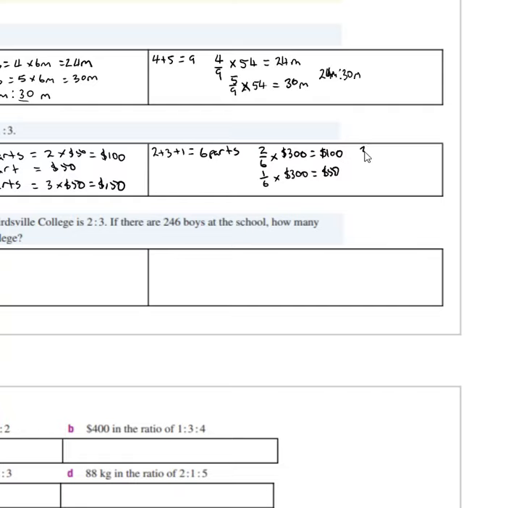And finally 3/6 of our money, 3/6 times $300 gives you $150. So a ratio of 2 to 1 to 3 becomes $100 to $50 to $150.